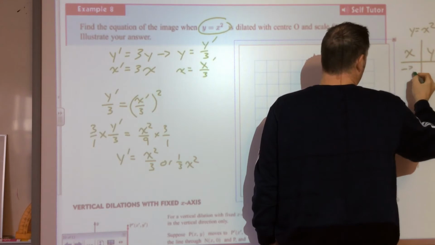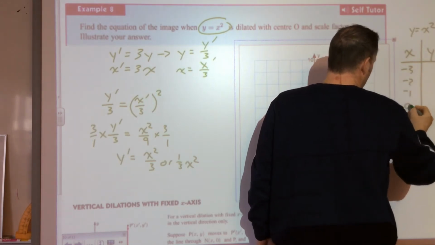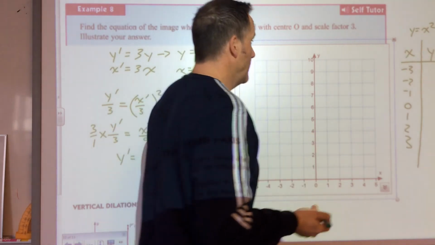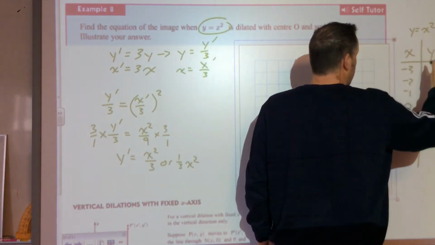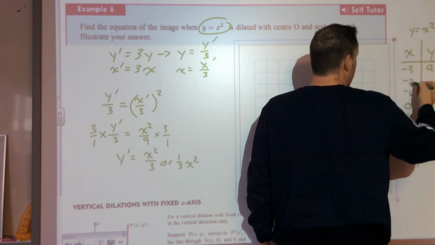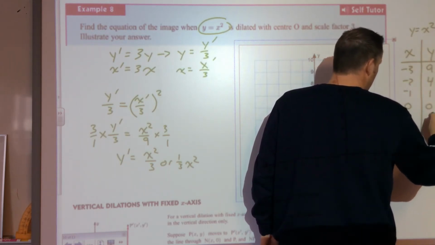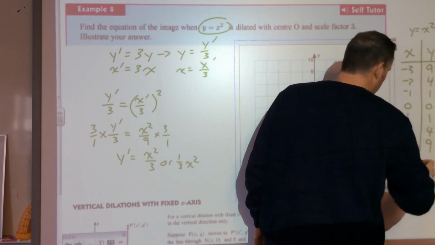We're going to start at -3, -2, -1, 0, 1, 2, 3. So I can pick the x values, and then I square them to get my y values. So -2 squared is positive 4, -1 is 1, 0, 1, 4, 9.